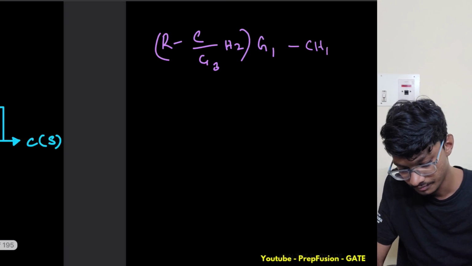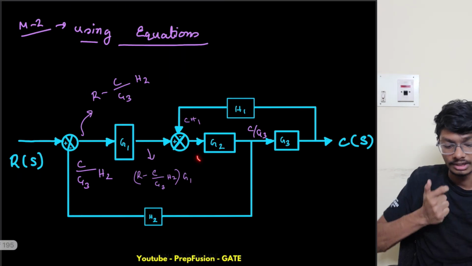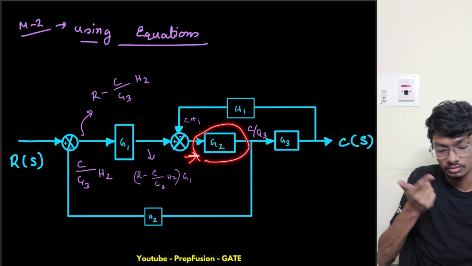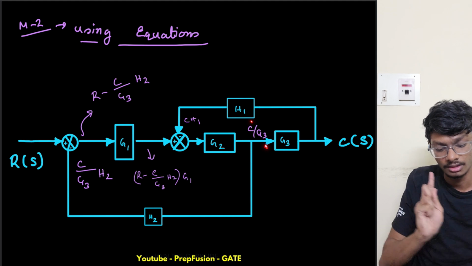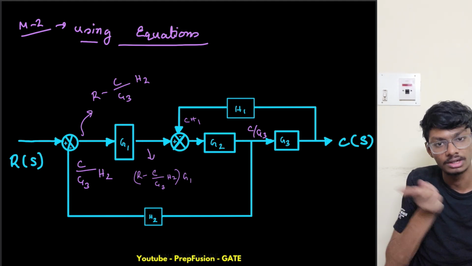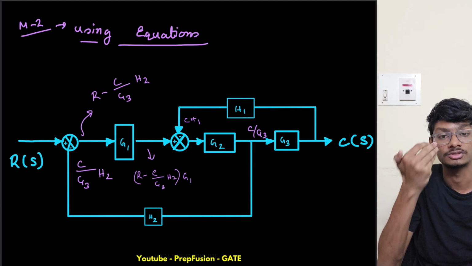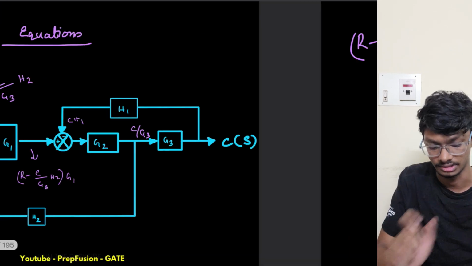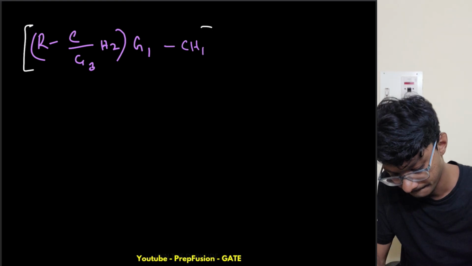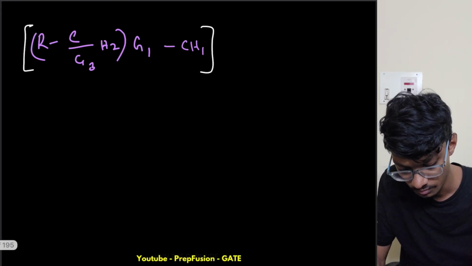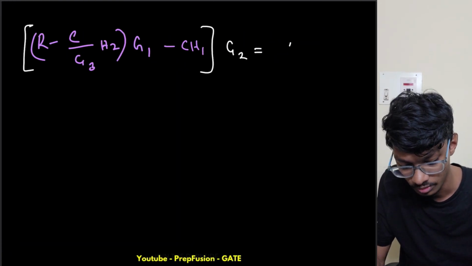Now what is the output of this? I am passing this signal through the gain block G2. The output here is C by G3. So if I subtract this and multiply with G2, the output that I should get is C by G3.